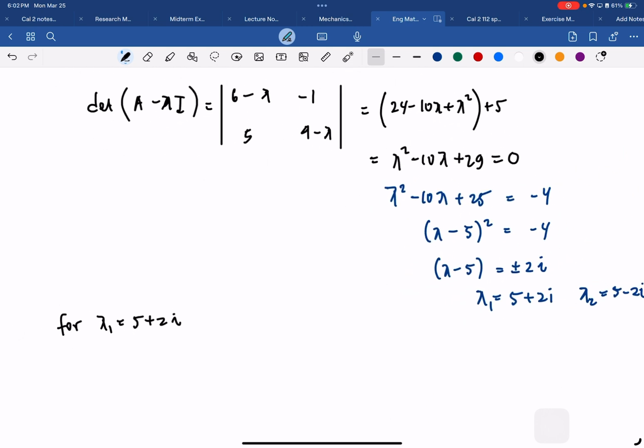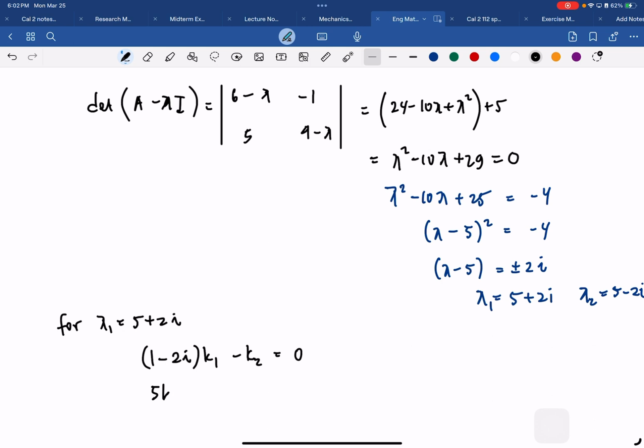Then we take 6 minus (5 plus 2i), so this will be 1 minus 2i, k1 minus k2 equals 0.